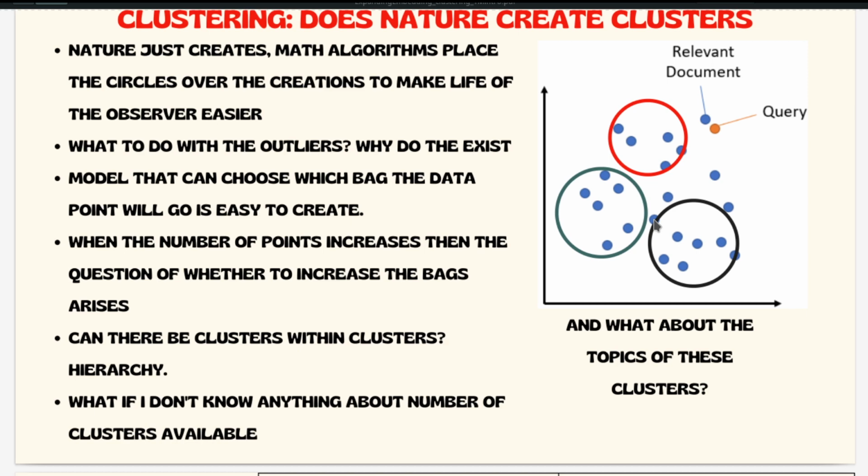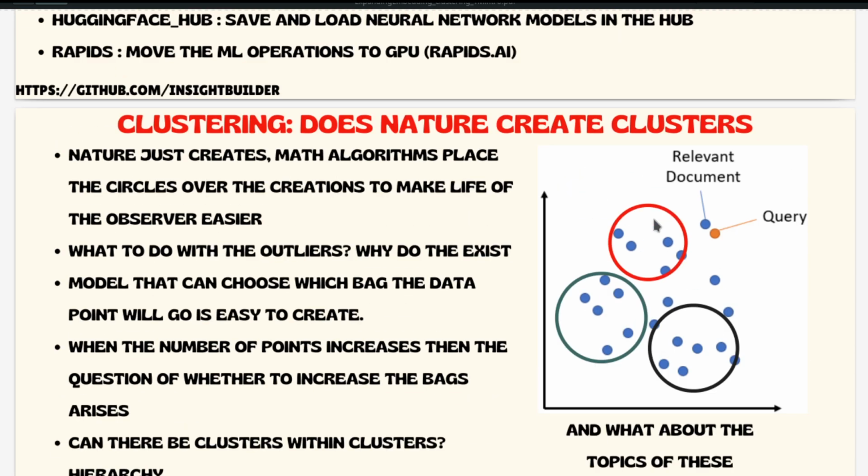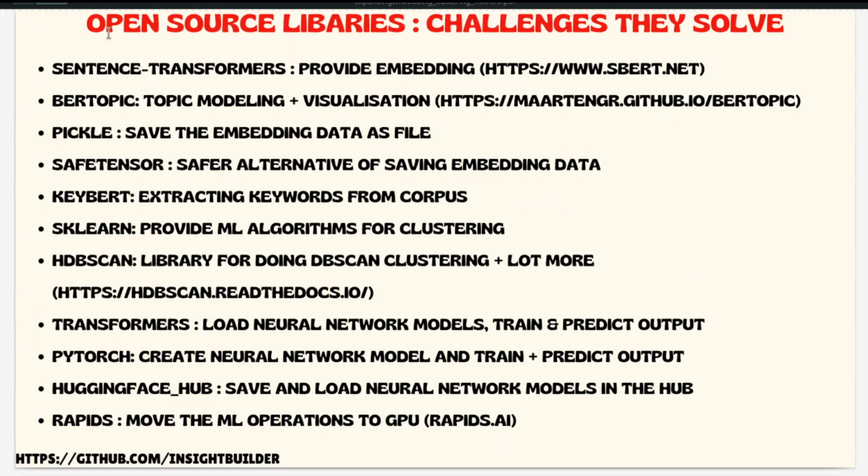We are not going to dive deep into the algorithm used in topic modeling. However, topic modeling starts with creating the embeddings, and then it reduces the embedding dimensions. All these things we will see in a little more detail in a couple of minutes, but I'm just giving you an overview of what is going on. So BERTopic does the topic modeling.